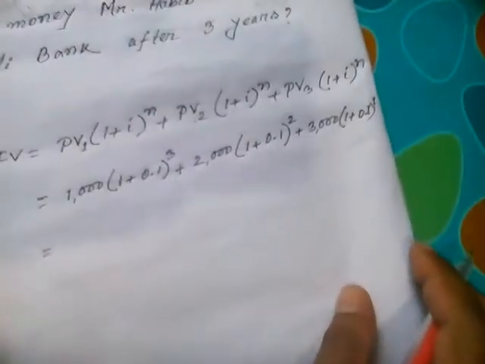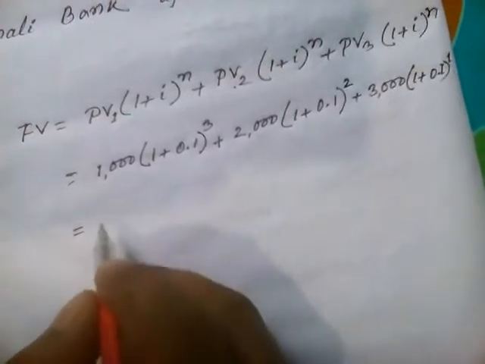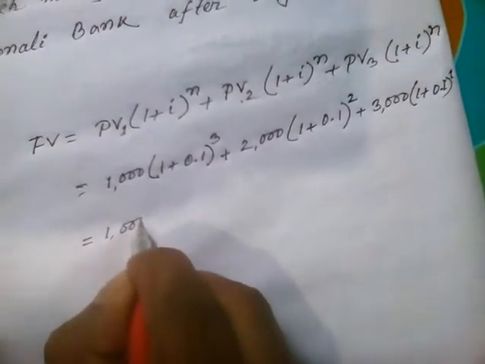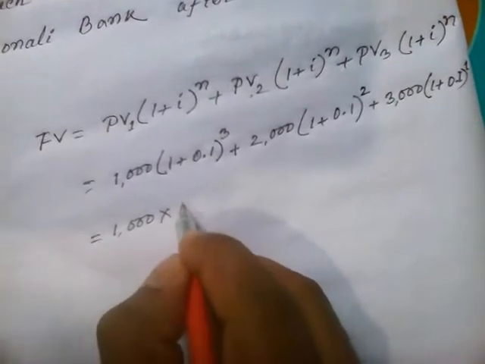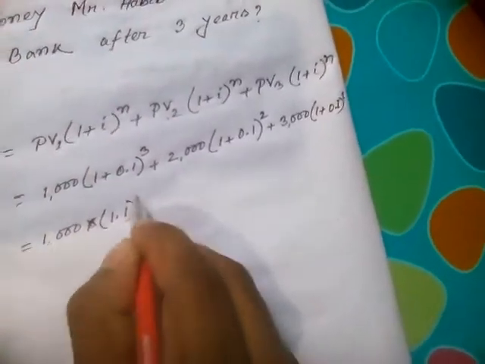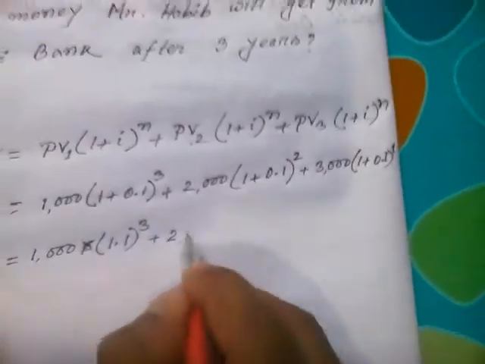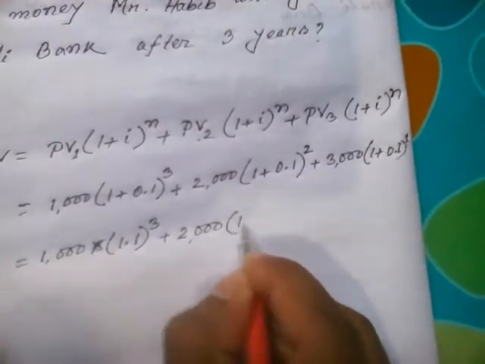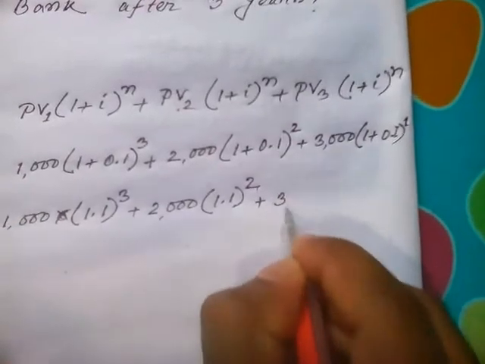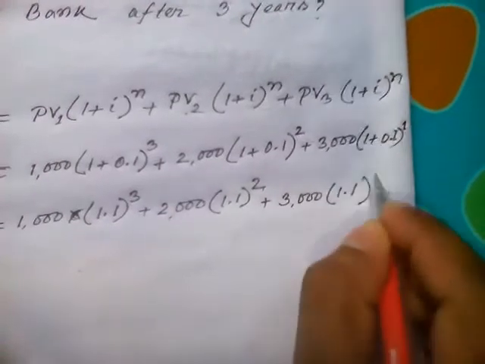Now if you use the calculator, then easily you will get the result. 1000 multiplied by 1.1 power 3, plus 2000 multiplied by 1.1 power 2, plus 3000 multiplied by 1.1 power 1.